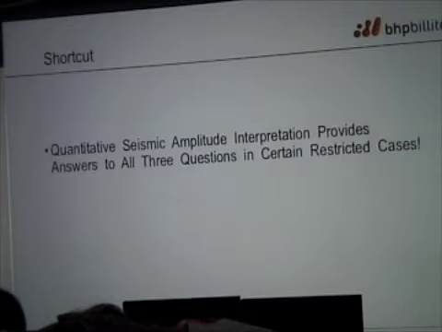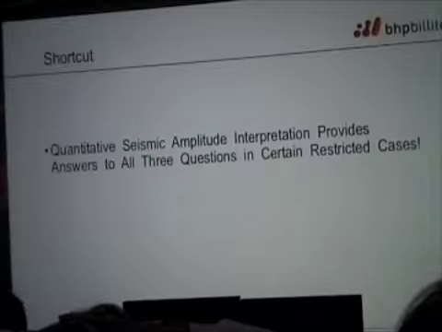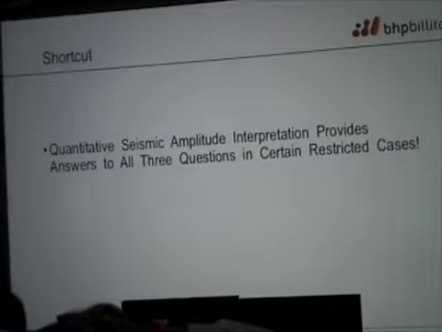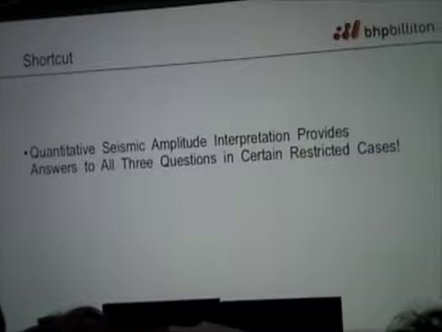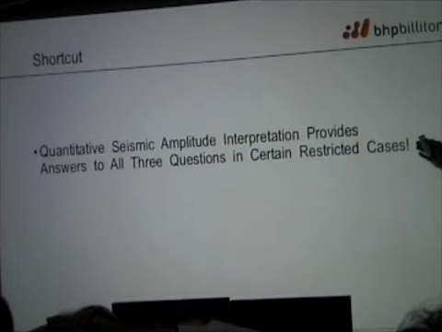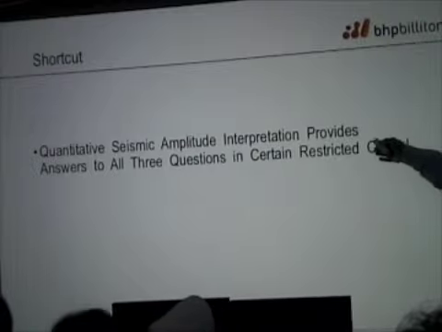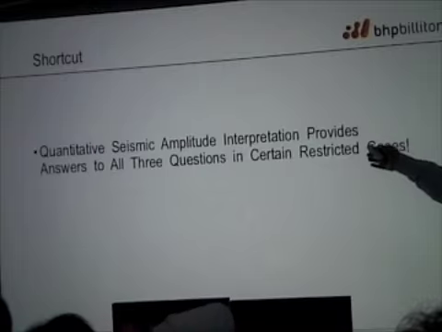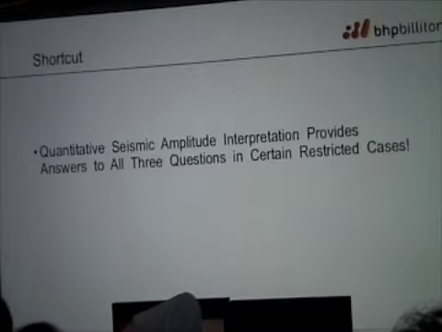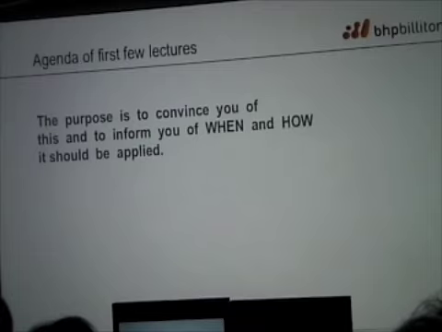A shortcut to short circuit all those questions at one time is quantitative seismic amplitude interpretation in certain circumstances, and it will provide evidence that you have all three of those components if you have the clues and the right geology, the right characteristic of rocks in your section to be able to observe the effects and interpret them. That's what I hope to convince you of.